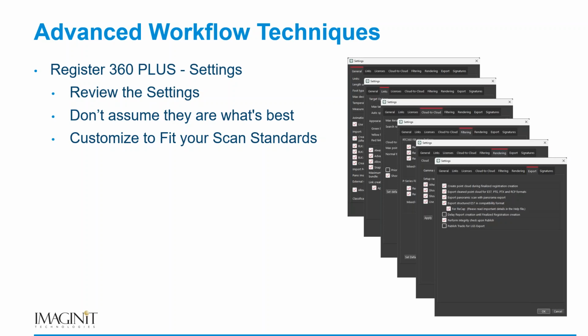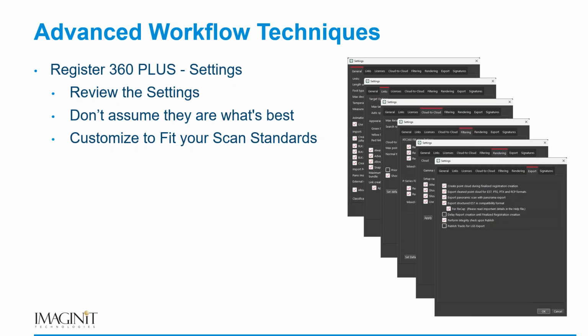Then my goal, right or wrong or indifferent, is to typically have my registration link set to a better tolerance. So if I field measure to a 1/4 of an inch, when I laser scan I want to get it down to 1/8 inch or less. That's just how I think.